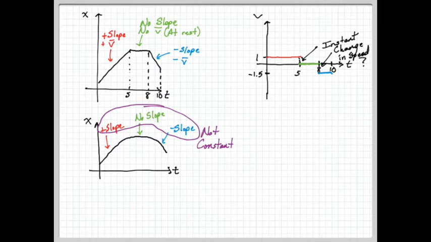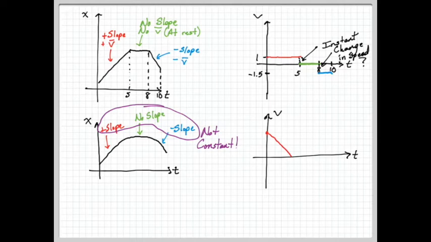Now, if we were to generalize this on the velocity graph, we would say that the first slope is a positive slope, so I start with a positive velocity, but that slope is gradually flattening out. And so if I have a slope that's gradually turning to 0, my first line segment will be positive values, but those values are decreasing to 0.